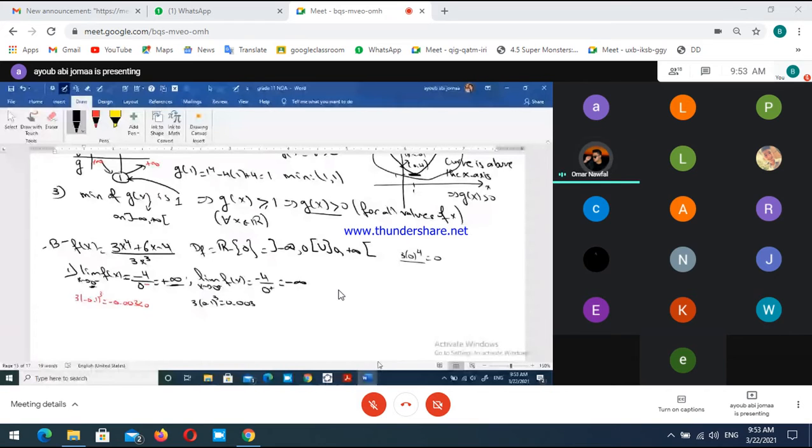That this is a vertical asymptote. What's the equation of this vertical asymptote? x equals 0 is a vertical asymptote.